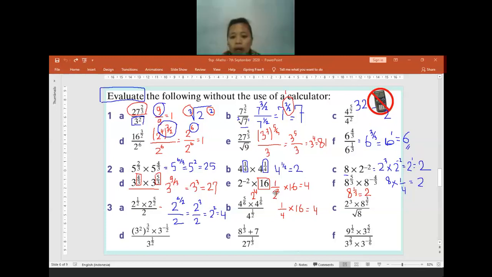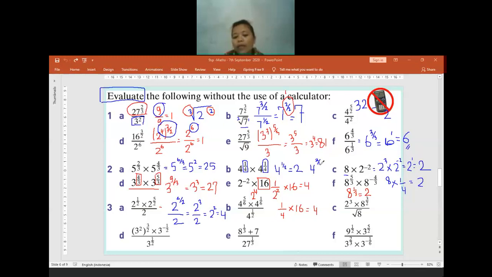Okay. So for those who are still getting confused at the question 2b, you have 4 to the power of 1 per 4 times with 4 to the power of 1 per 4. Same base. When we have the same base, we can simplify the power by adding them. 1 per 4 plus with 1 per 4, it will be 2 per 4.